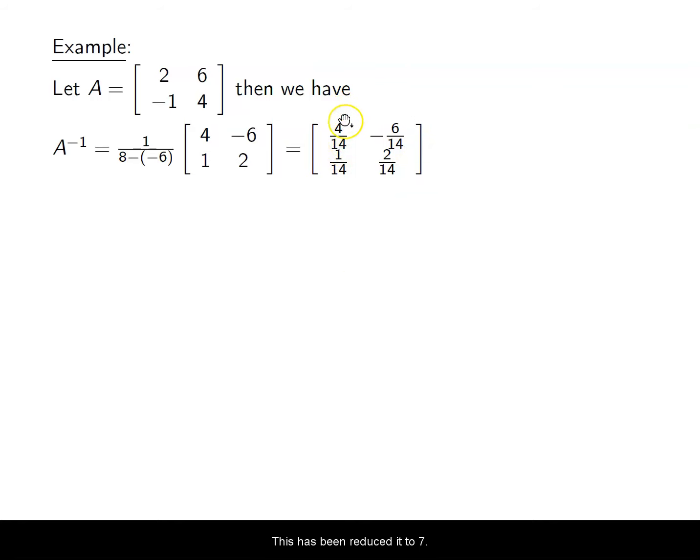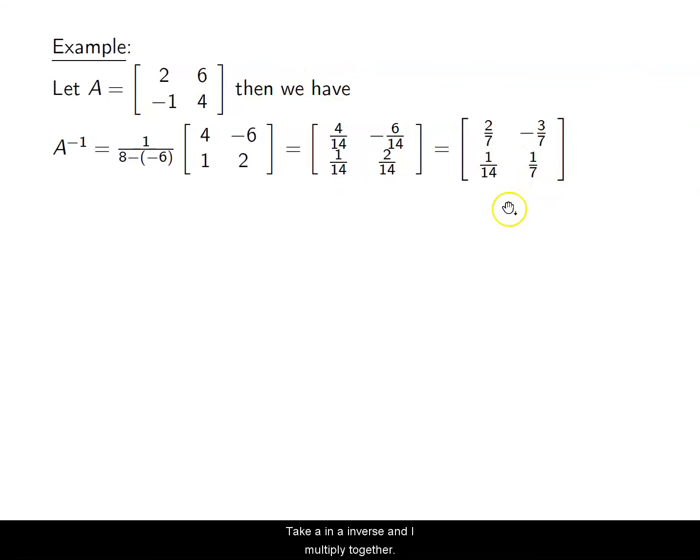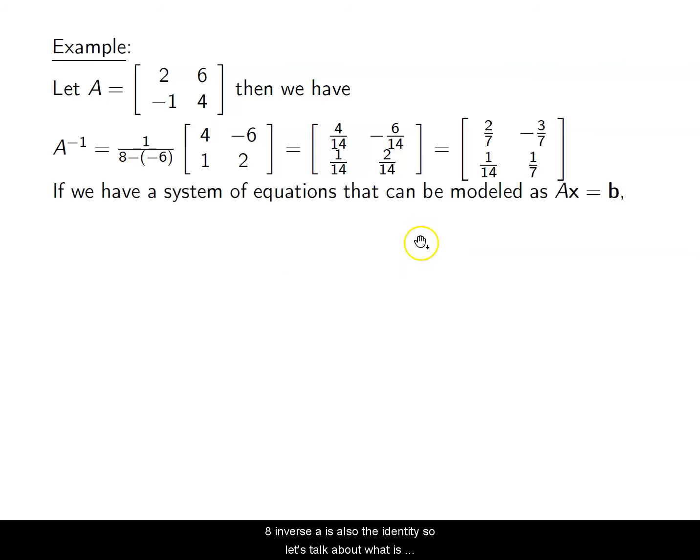So this is going to reduce to 2/7, -3/7, 1/14, 1/7. And that is my inverse. Again, if I wanted to check it, I take A and A inverse and I multiply it together in any order, doesn't matter. A times A inverse is the identity. A inverse times A is also the identity.